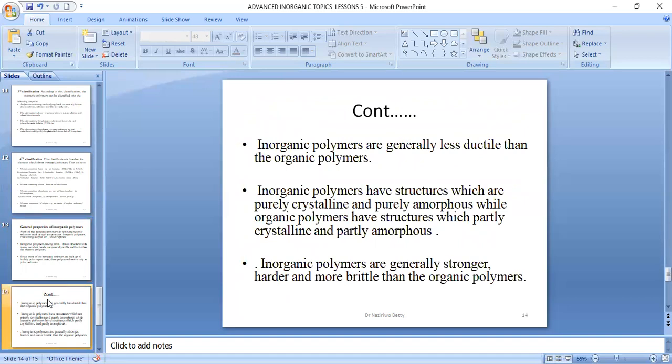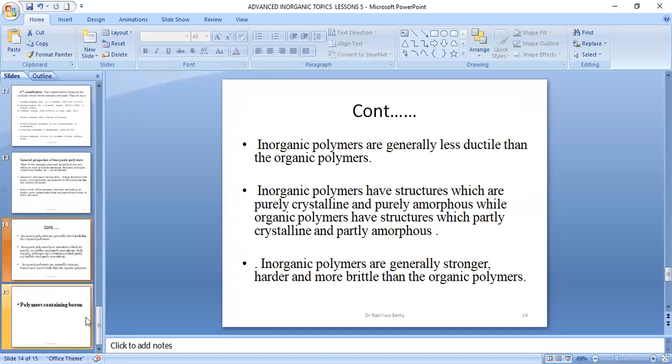Another property: inorganic polymers are generally less ductile than organic polymers. Another one is that inorganic polymers have structures which are purely crystalline or purely amorphous, while organic polymers have structures which are partly crystalline and partly amorphous.